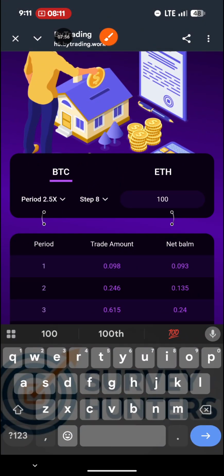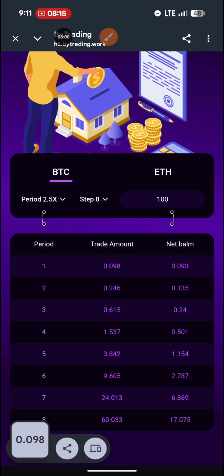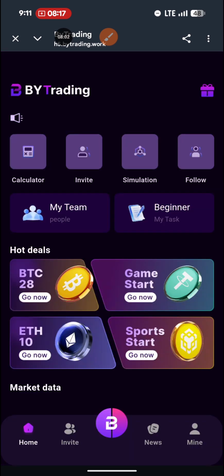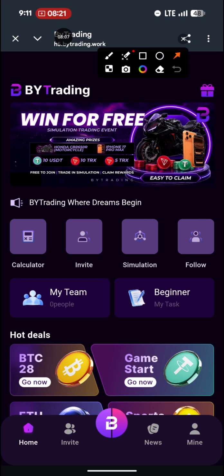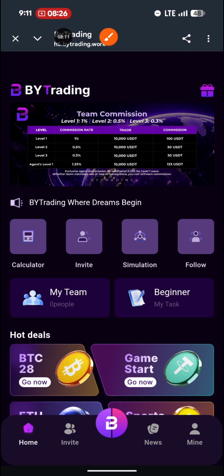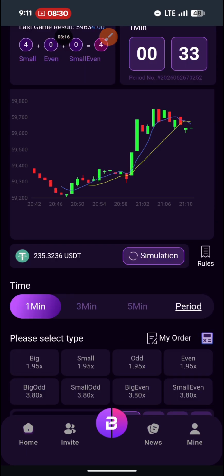Now you have to copy this 0.09. Copy it. Once you copy it, you go back, and then you will now click on this trade BTC 28. You click on it, and it's going to take you to this page.